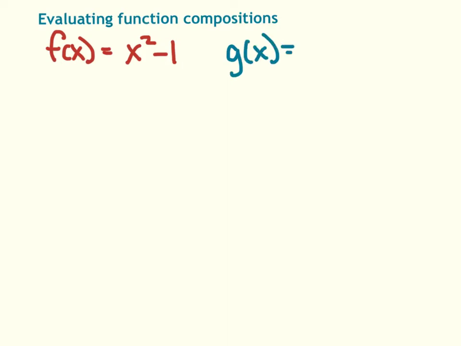Let's take two different functions. Let's take f of x is equal to x squared minus 1, and g of x is equal to 2x minus 3. Okay, so we're going to find f of g of 1.